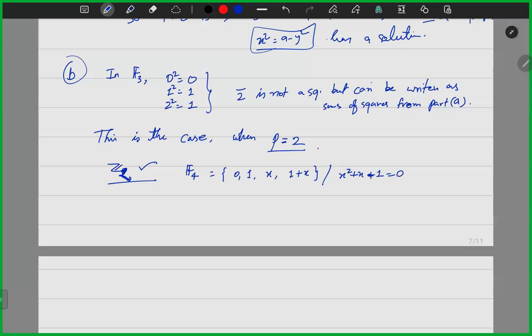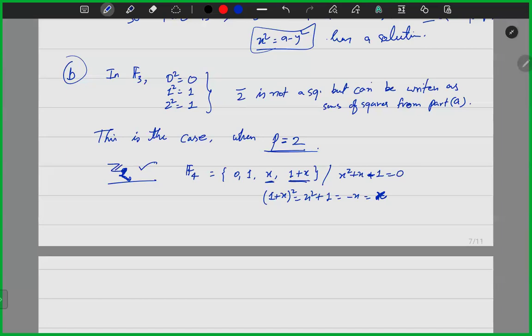Then 1 plus x whole square becomes x square plus 2x plus 1, meaning 0 plus 1. But this is nothing but minus x. Minus x is also plus x because 1 and minus 1 are the same in Z2. So the square of 1 plus x is x. So this is a square.